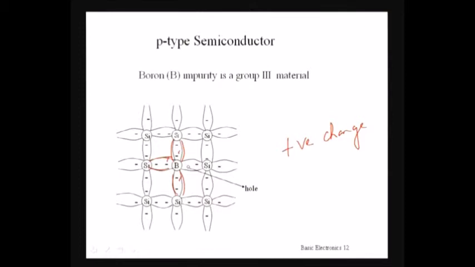This is called a hole. Hole means it is basically devoid of 1 electron. So there is a hole formed here in this covalent bond, and this hole is a positively charged particle. This P-type semiconductor is formed in this way, and it will have holes as charge carriers.